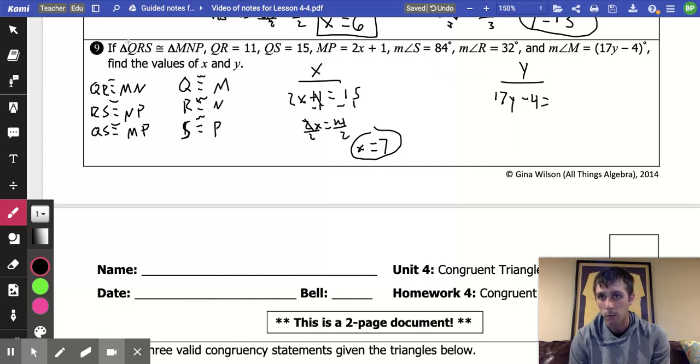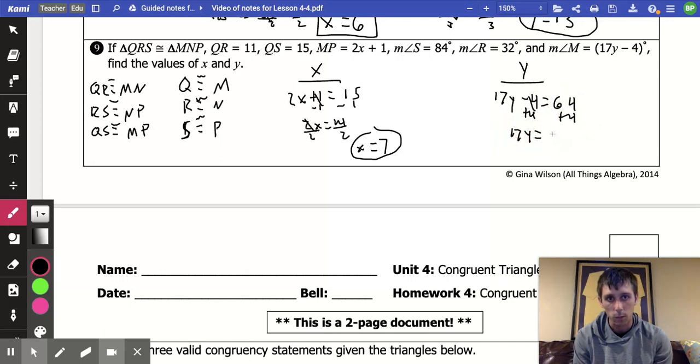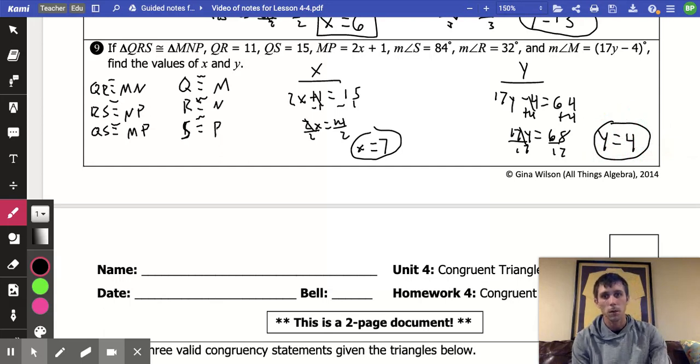And that's part of QRS, so we can find Q. So add S, 84 plus R, which is 32, add those together and subtract it from 180, and you would get that angle Q is 64. So it's going to be equal to 64. Add 4. 17y equals 68. Divide by 17, and y equals 4. Okay, here you go.